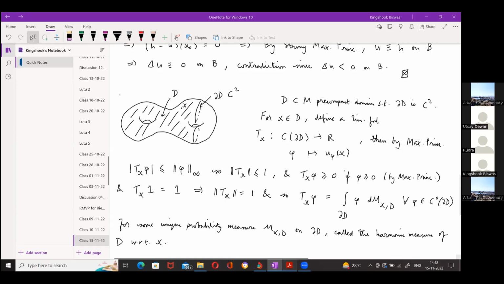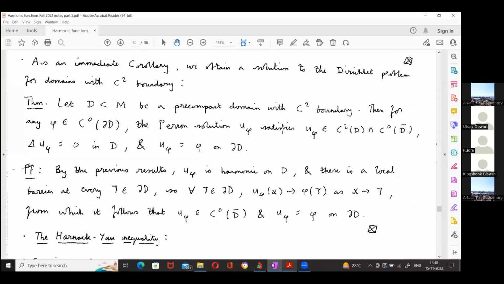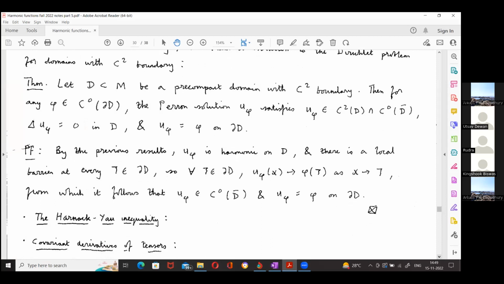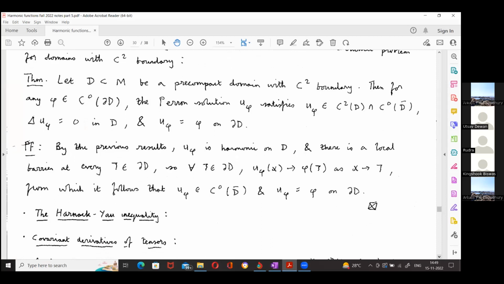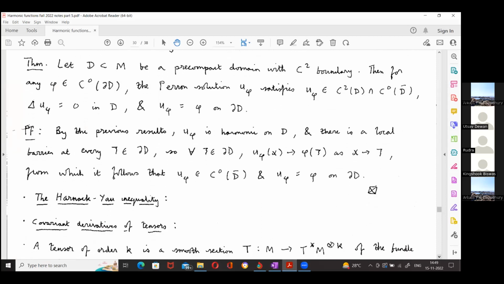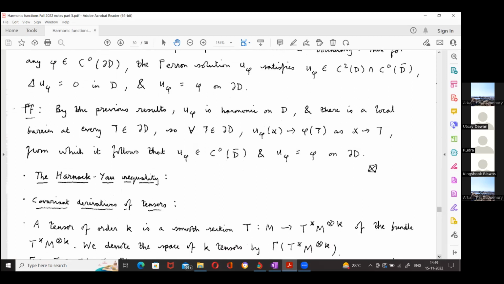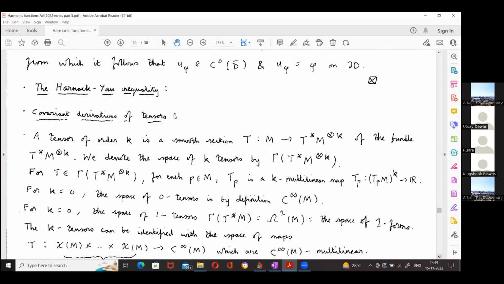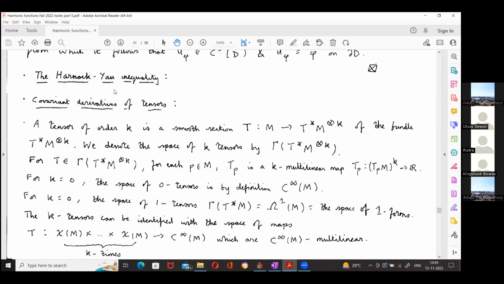So that's about the last thing I wanted to say about the Dirichlet problem for now. So now I want to move on to the next topic, which is the Harnack-Yau inequality. This is very important. We use this in our discussion of harmonic measures, right?